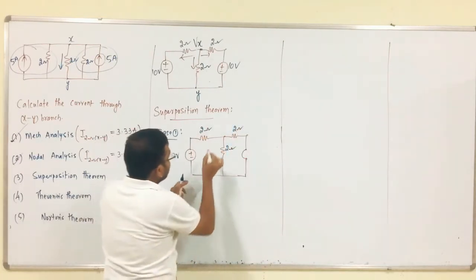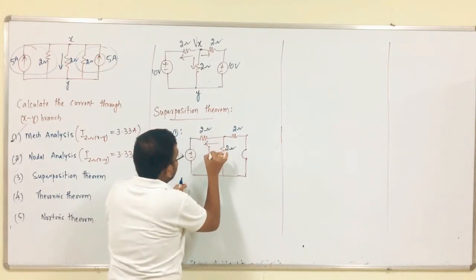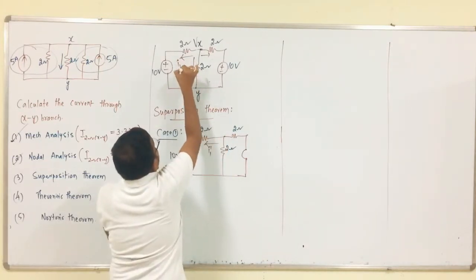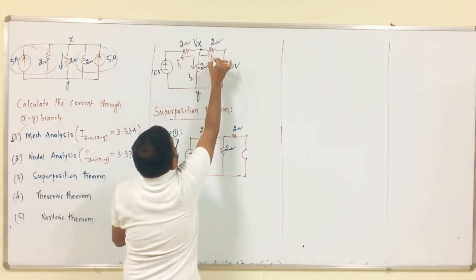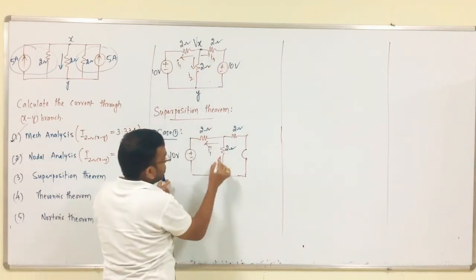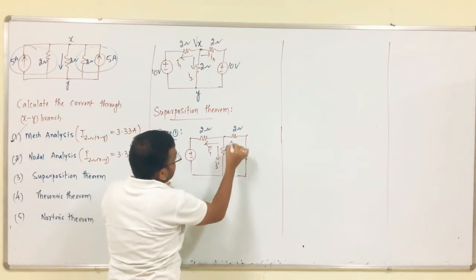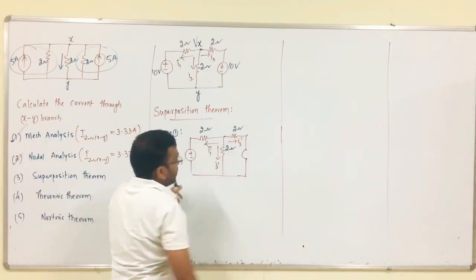The current through this branch is, for example, I1 dash. So, this is I1, this is I2, this is I3. Now, this is I1 dash, this is I2 dash, this is I3 dash.